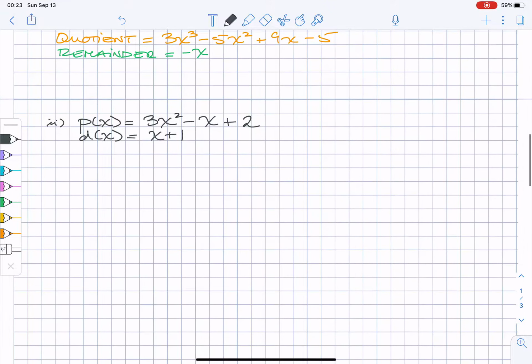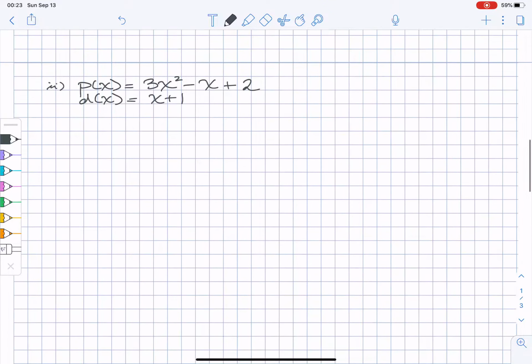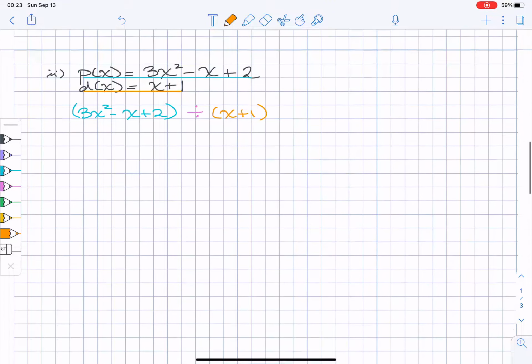Simple. So I have my p of x, 3x squared minus x plus 2, and I want to divide that by my divisor. Let's call the divisor orange this time, not that it matters. x plus 1. So the degree of the divisor is less, and that's all I need.